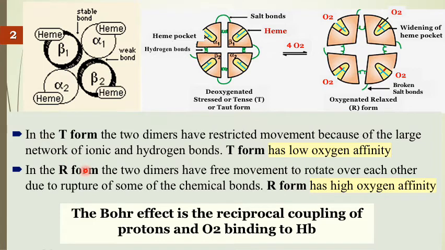Whereas in the relaxed form, the 2 dimers have free movement. Why? They are free to rotate over each other because of the rupture of many chemical bonds. The relaxed form has high affinity for oxygen because the polypeptides are widely separated and the heme pocket becomes wide.